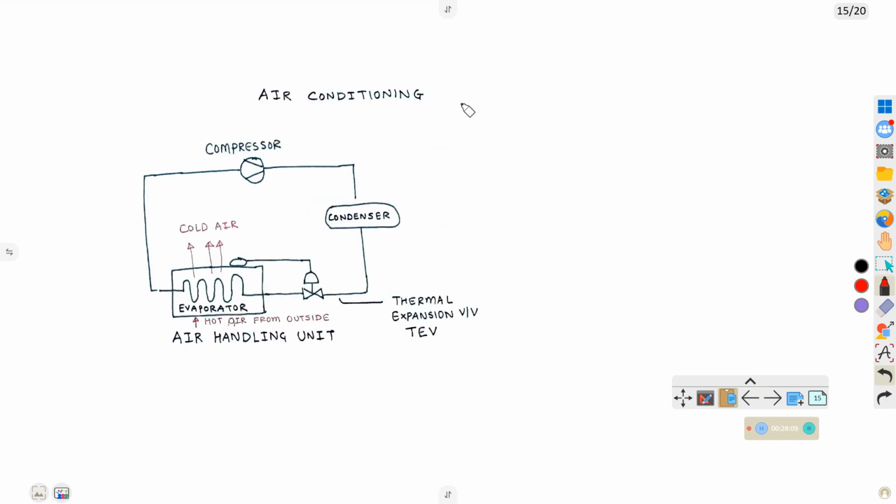Now air conditioning. Air conditioning also has compressor, condenser, thermal expansion valve, evaporator. But what is the major difference? It is used for air cooling only.